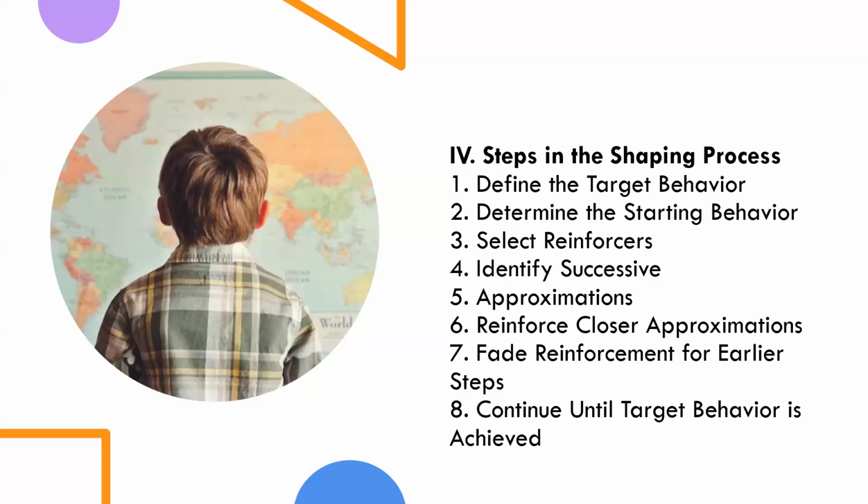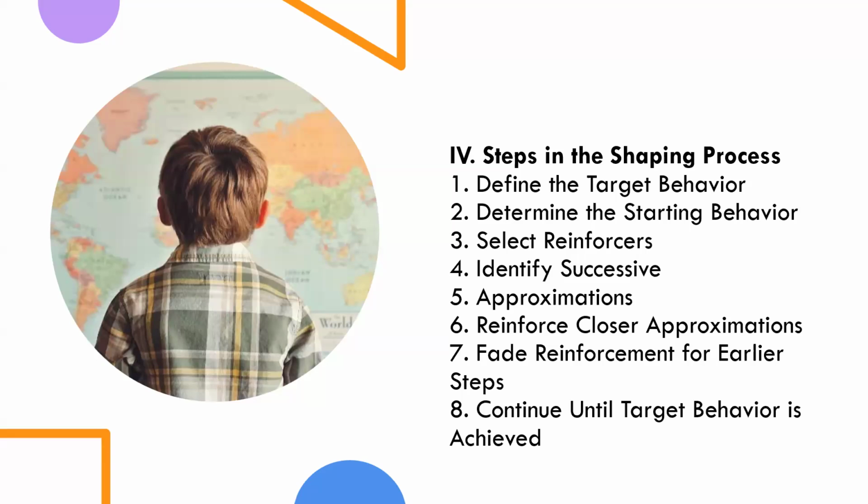There are several steps involved in creating a shaping procedure. For one, you want to define the target behavior. You want to create basically an end goal of what you want to see. Then you want to determine what the client's baseline is. What can they do?